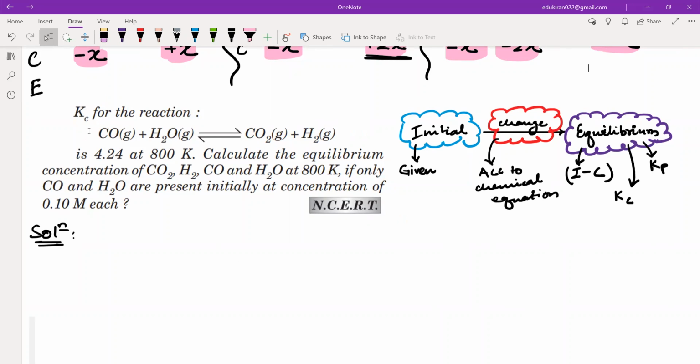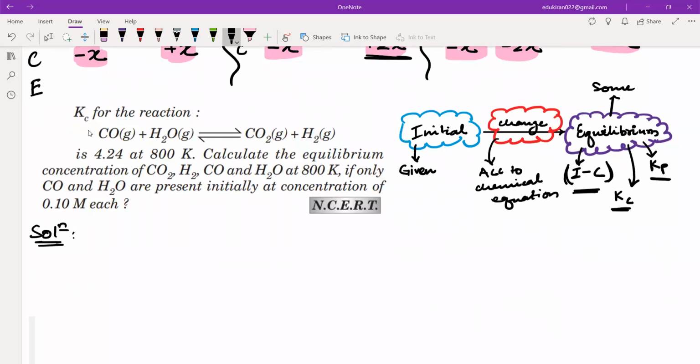Now, equilibrium. For equilibrium, we have initial minus change, that is a variable, right? Because change is a variable we are taking as x. So this initial minus change is a variable, and we are going to solve this by relating the equilibrium concentration or pressure to the Kc or the Kp that is given, or there will be something given about the equilibrium.